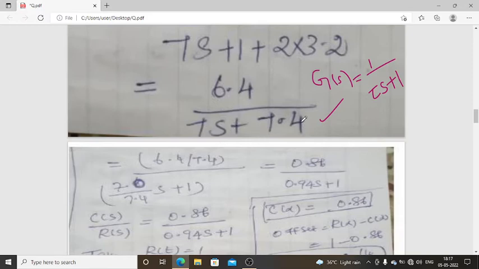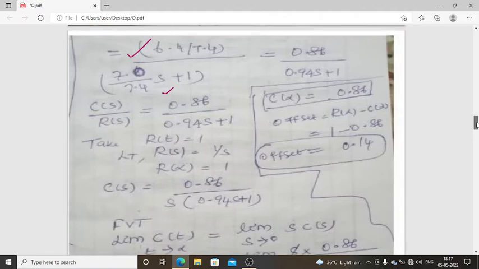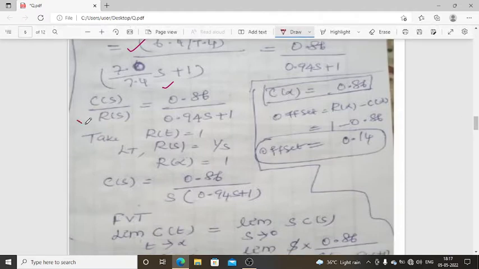So what you do here is take 7.4 outside: numerator term 6.4 divided by 7.4, whole divided by 7 by 7.4 s plus 1. Okay, so 0.86 divided by 0.94s plus 1. This is C of S by R of S for the P controller.